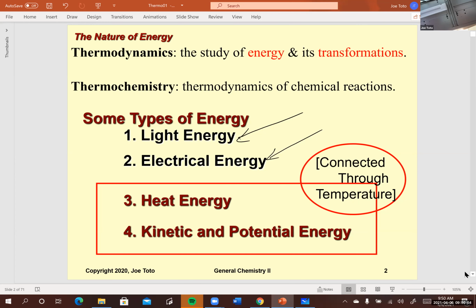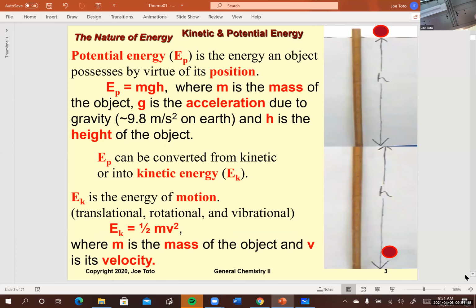But in thermochemistry and thermodynamics, the forms of energy that we most often concentrate on are heat energy and kinetic and potential energy. So I just wanted to kick around those two types of energy a little bit to refresh your memory on what they are and what forms they take.